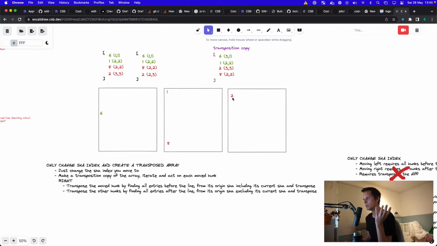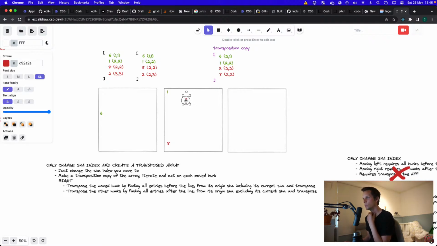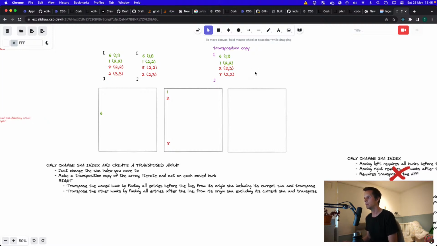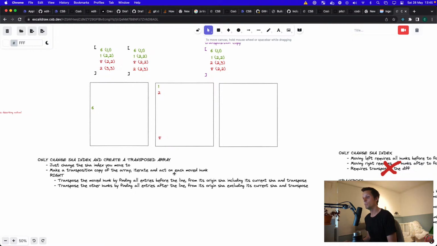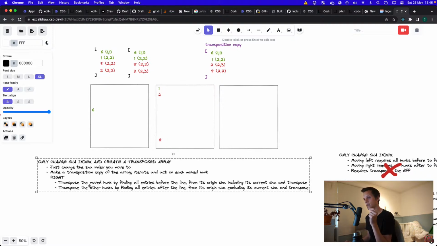So let's do the 2 thingy again. So we wanted to move 2 over here. So 6 is still on the same SHA. It's now 2 that has moved. What we're going to do now, we're going to see if it needs to transpose itself. So find all entries before the line from its origin SHA, including its current SHA.